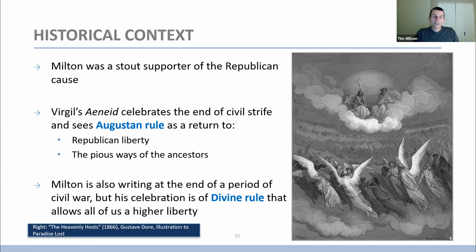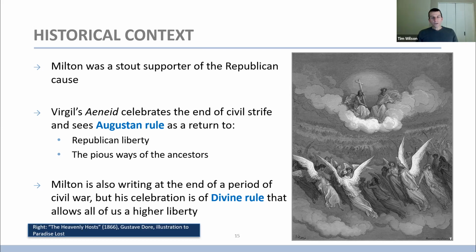But you could make a case that he saw it as the return to republican liberty and to the pious ways of the ancestors. So that case could be made. But in any case, he saw it as the positive outcome of that civil war.